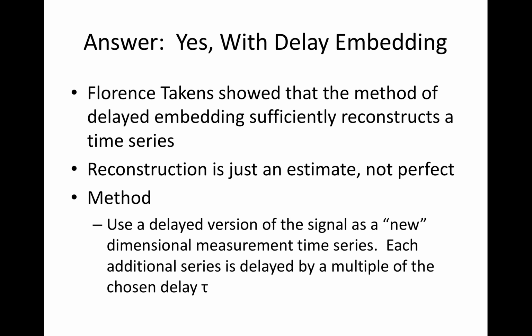Now, to really understand this, it's easier to think of things in terms of fractal dimensionality, which we haven't really covered yet. But basically, what this is saying is that there is a self-similarity within the signal.